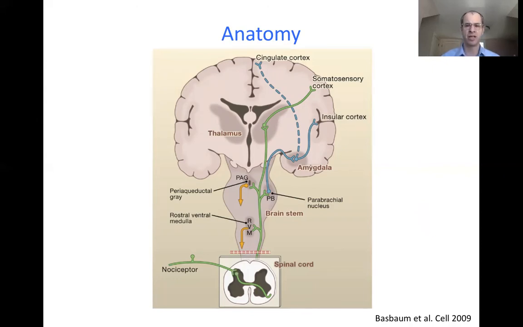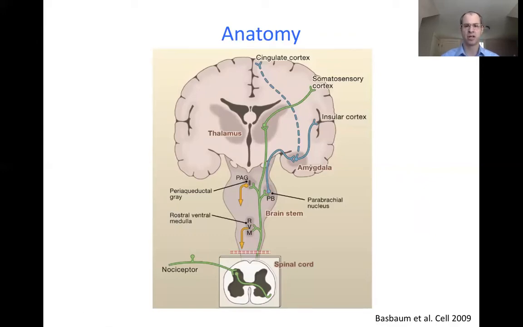The pain information ascends via two parallel pathways: the lateral spinothalamic pathway that projects to the thalamus and then to primary somatosensory cortex, and that pathway conveys information about the location and intensity of painful stimuli.